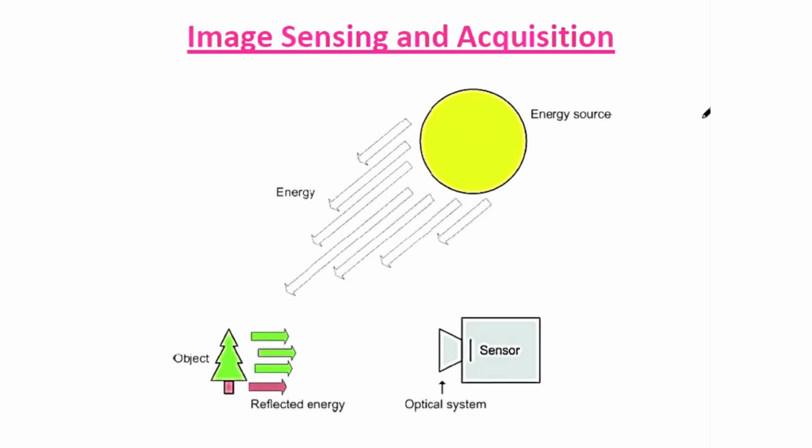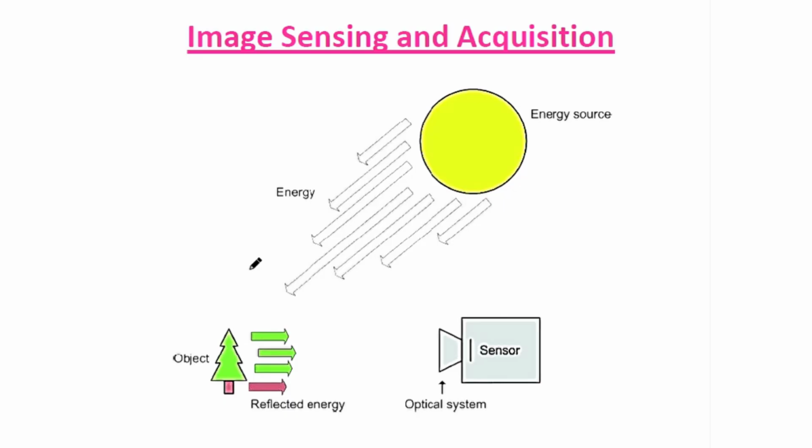This topic explains how the image is acquired or captured. It consists of two things, image sensing and acquisition. See this simple slide. This is the energy source, sunlight.